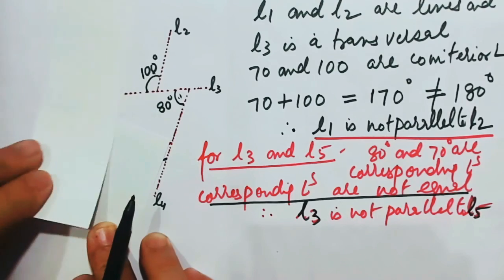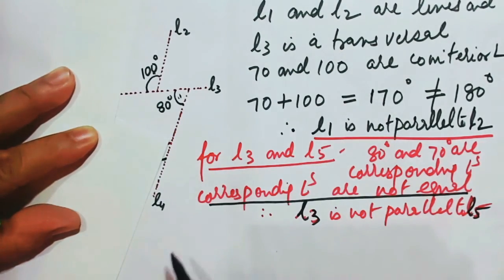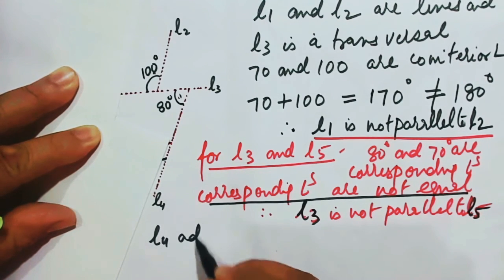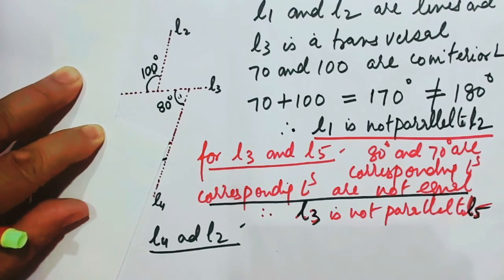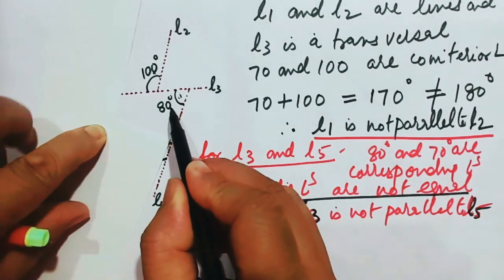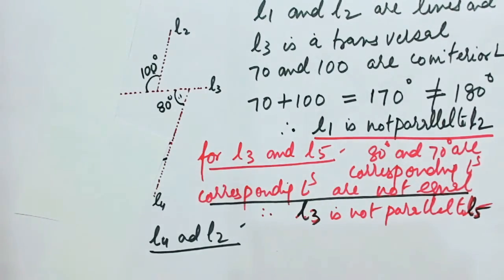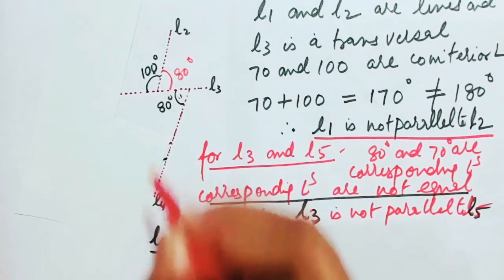Let me see. If this is 80 degree, naturally, and if this is 100 degree, so naturally this will also be equal to 80 degree.